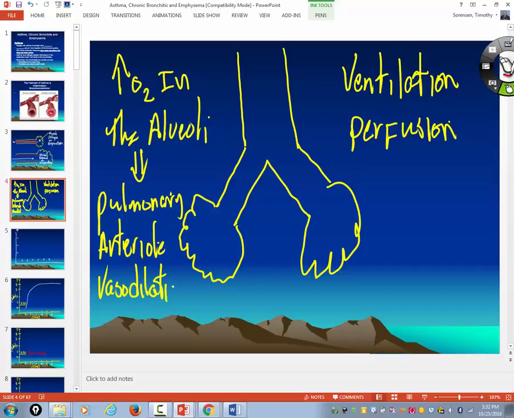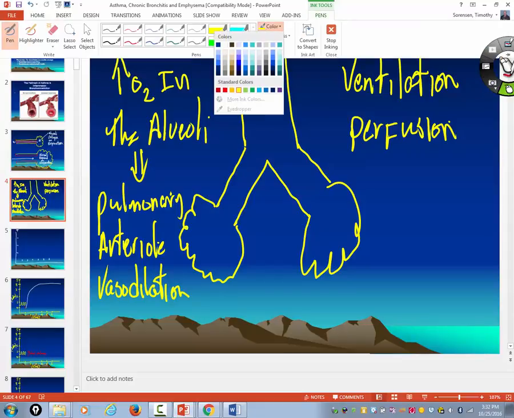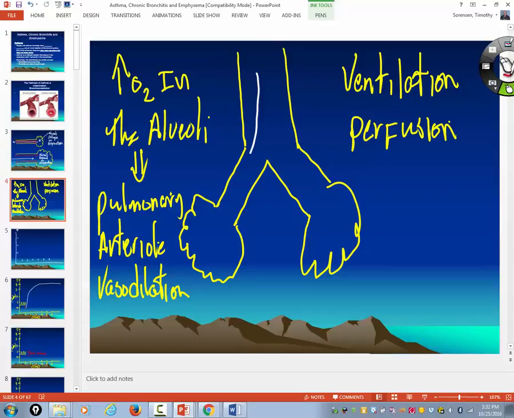And again, as a result of oxygen coming into the alveoli through you breathing, that is going to cause the pulmonary vessels that supply that group of alveoli to dilate.